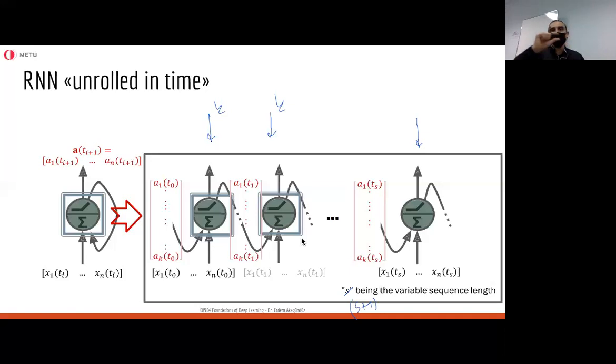So it's cloned layers. When you represent an RNN like this, it's called the unrolled in time representation. In that case, you're not feeding the new state to itself, but to its clone, and it doesn't look like a recurrent connection anymore.